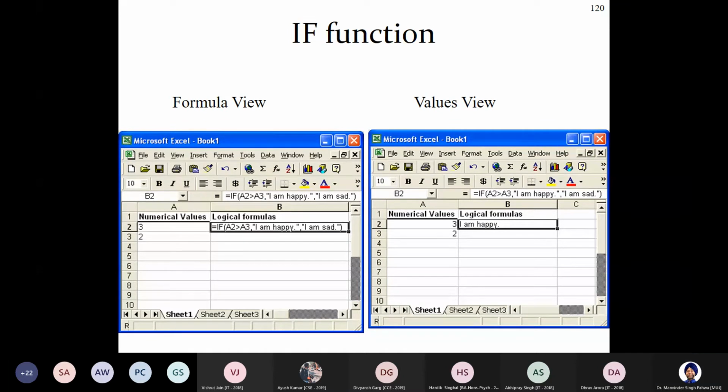Done? Abhipray, very good. Any problem? No, sir. Excellent. Dhruv, Anmol, Vishrat, Tanuj, Nandini, Hardik. Excellent. Niyati also. Parth. Fine.